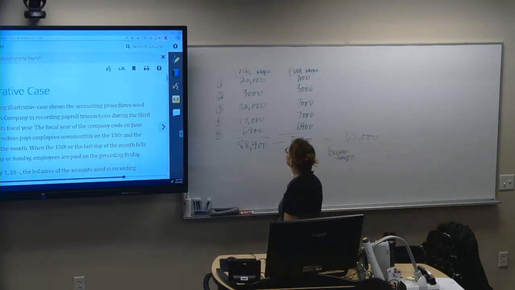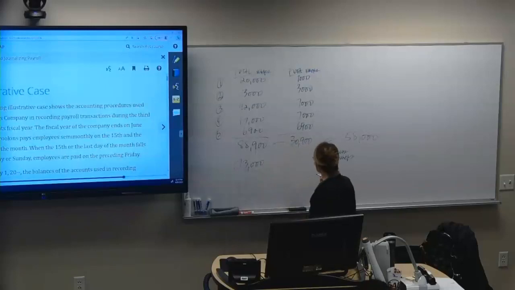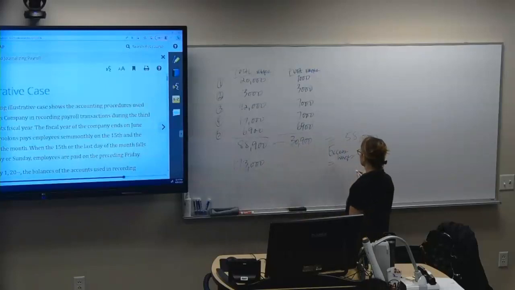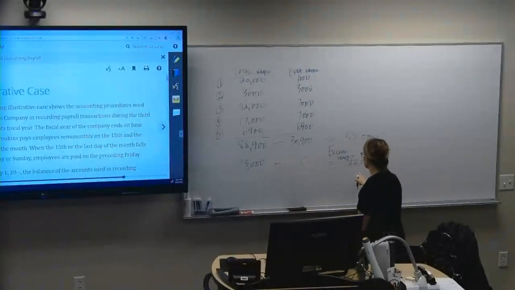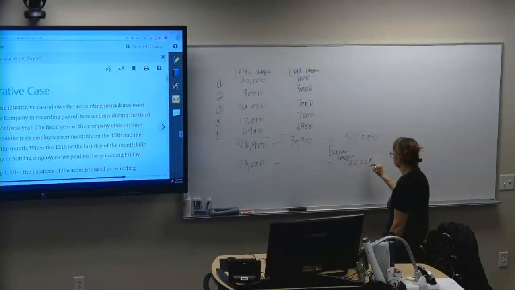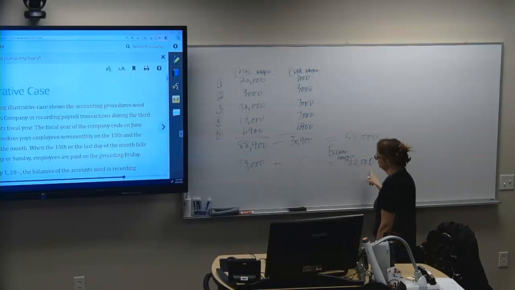So if we've got total wages of 173,000 and excess wages of 122,000, and this is X, so 173 minus X equals 122.